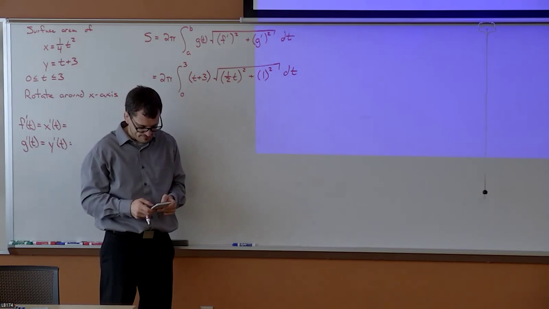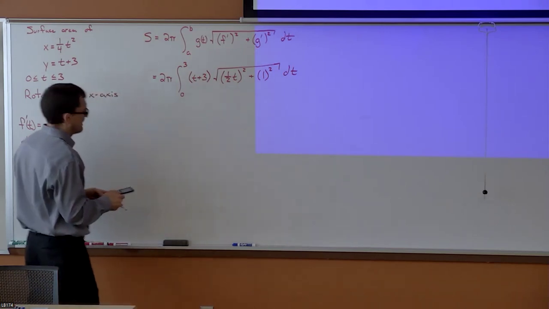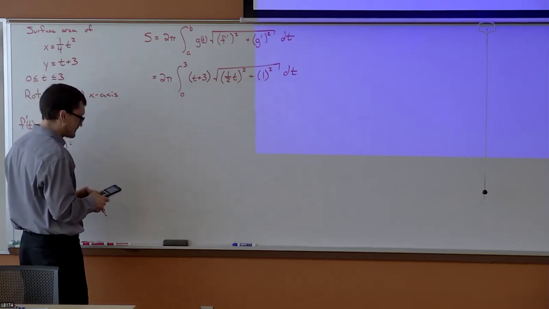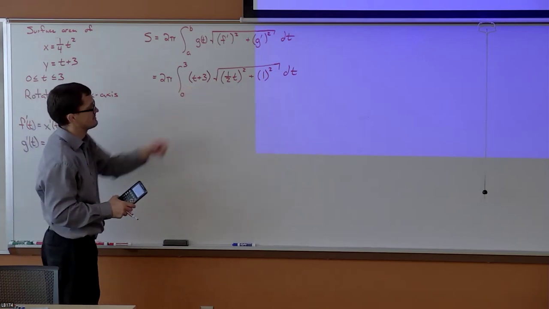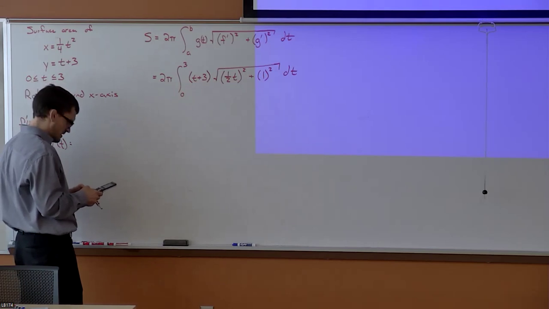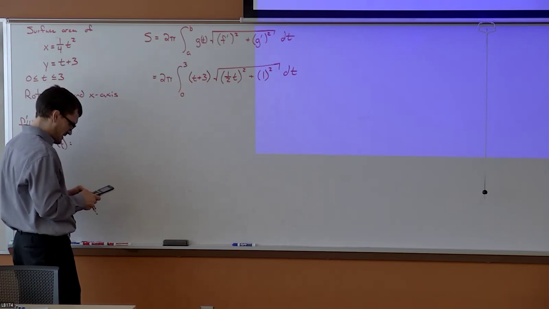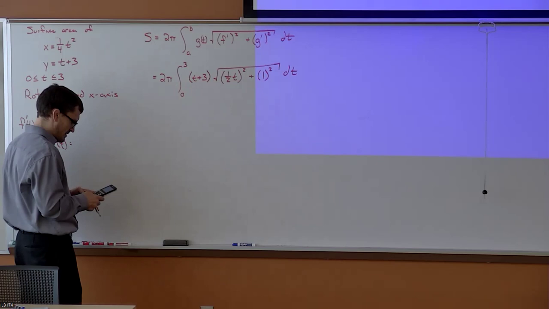Now that we have it, we can simply type it into your calculator, again remembering to put parentheses around this. Just be careful that we write it in an appropriate way.